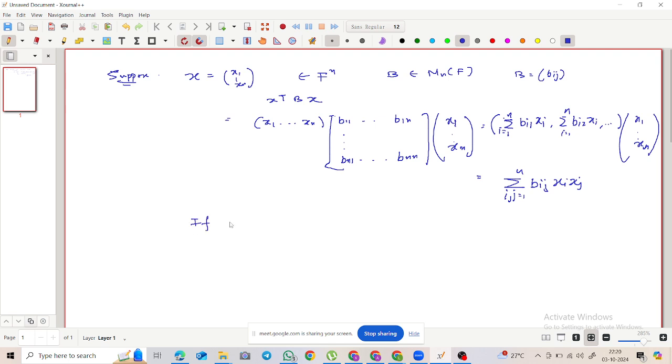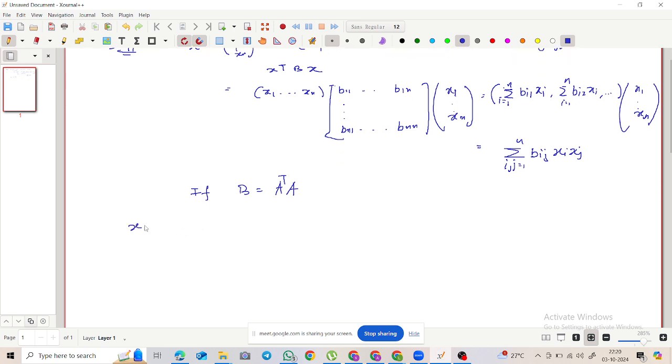If B is of the form A transpose A, then what do you get?